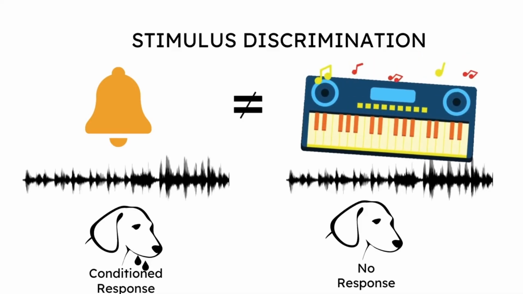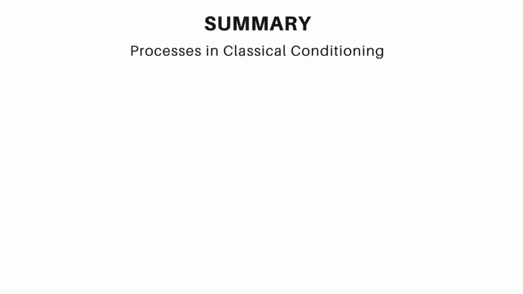Alright, let's summarize the processes or stages in classical conditioning that we covered in today's video. We first covered the concept of acquisition. Acquisition is the initial period of learning that helps us form the stimulus-response mappings between the neutral stimulus and the unconditioned stimulus.